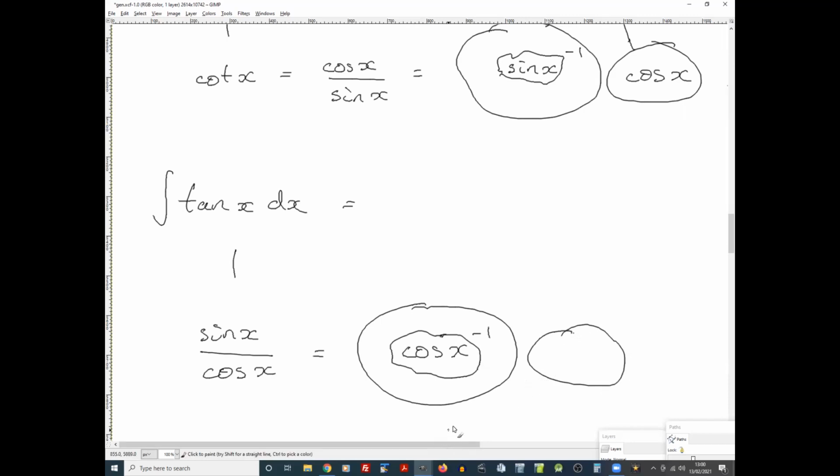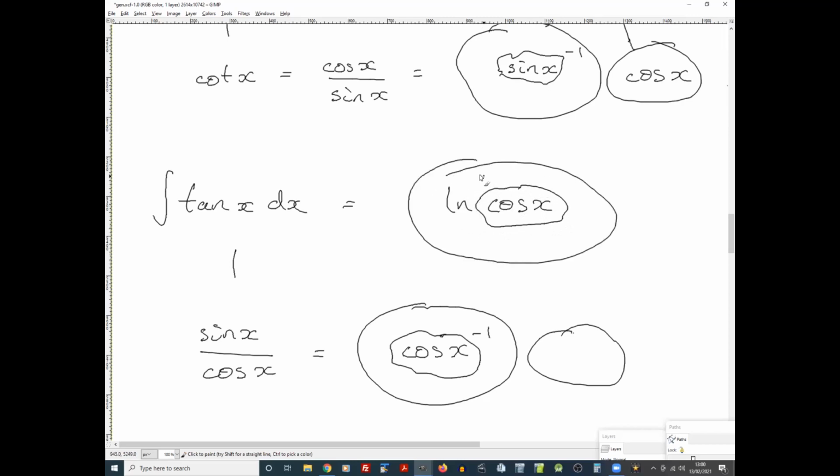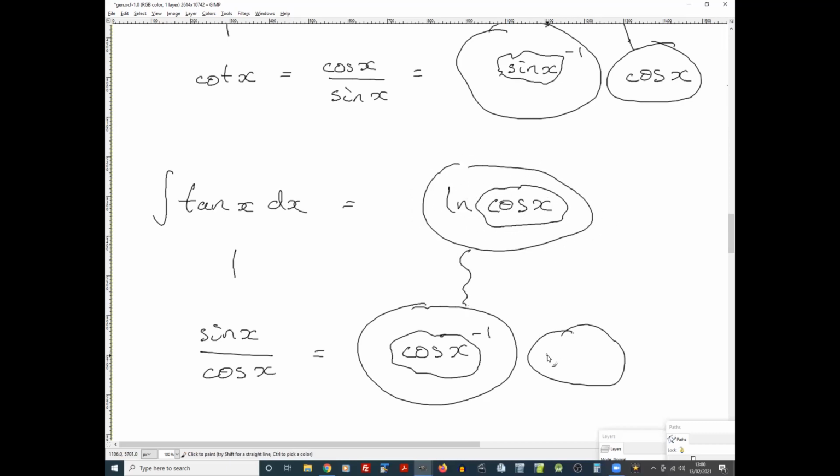So that's going to integrate to ln cos x, and then that's going to shoot out minus sine x.